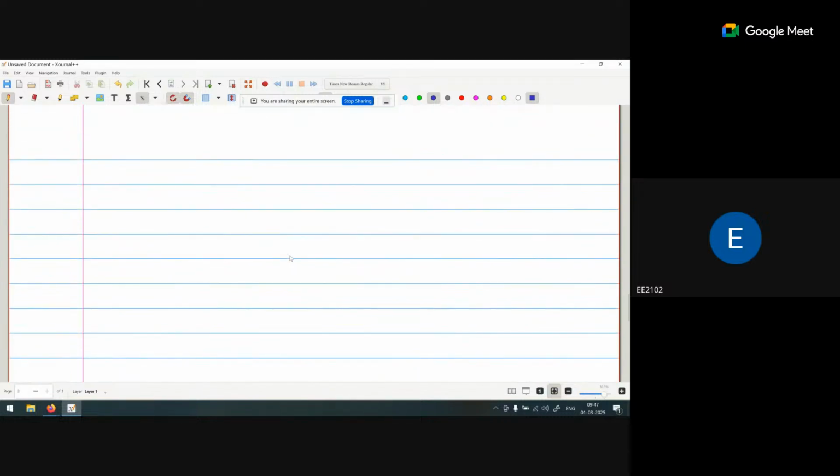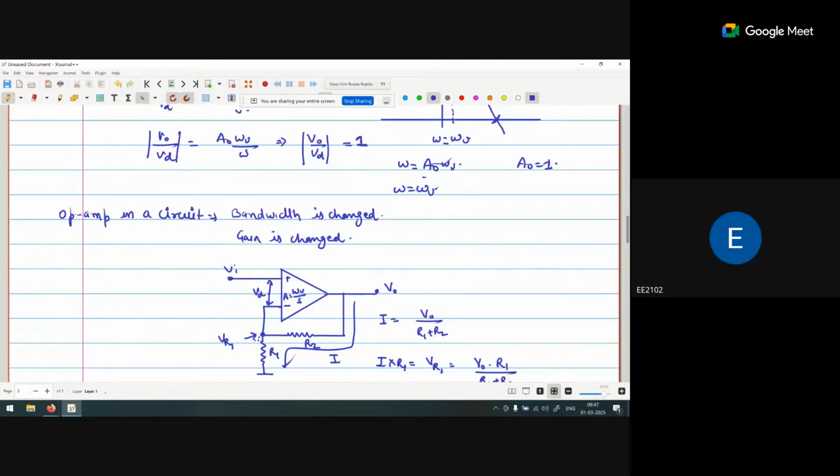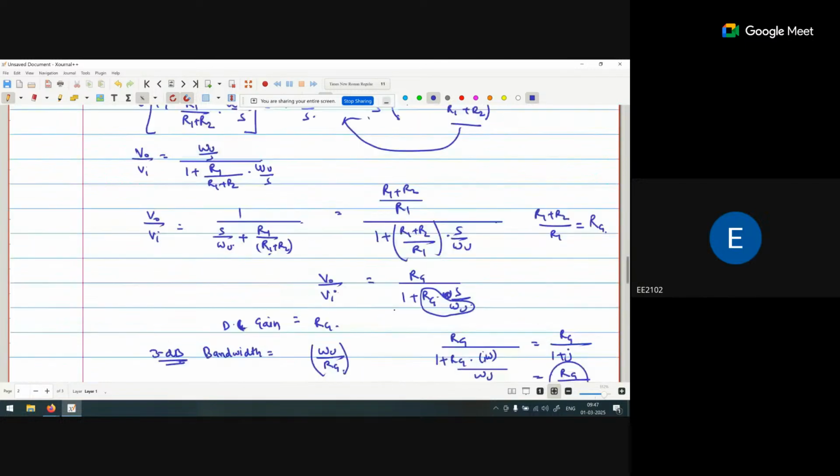Now if we draw the circuit in this way, for the negative Vi, in the previous case we used the non-inverting amplifier where the input signal is applied on the non-inverting terminal.